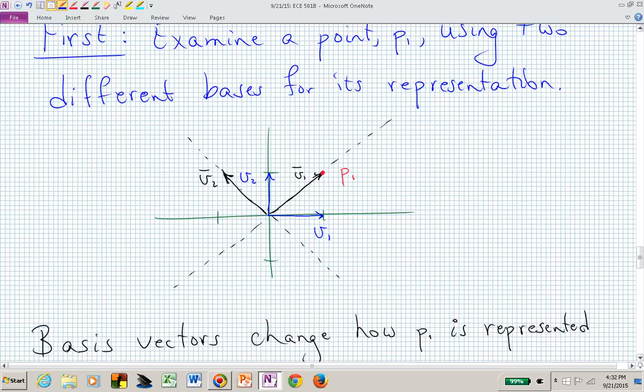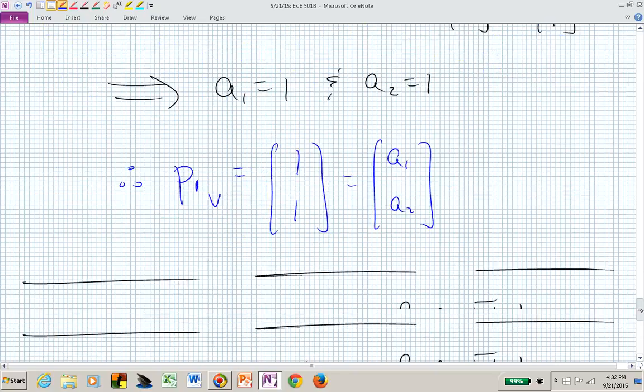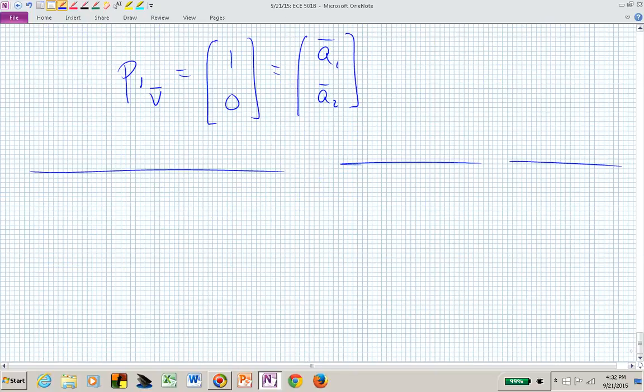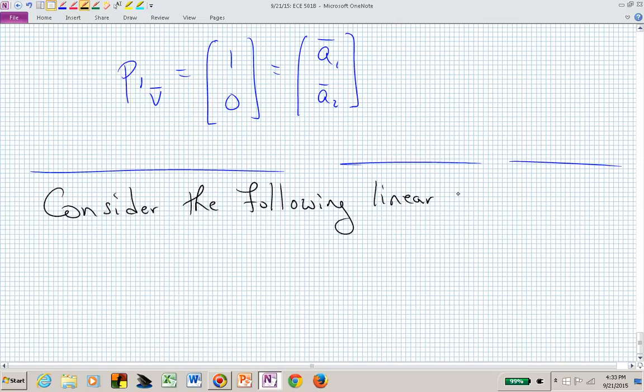That's all I'm saying. Now let's see what happens when we apply a linear map to P1, for example. Let's consider the following linear map.